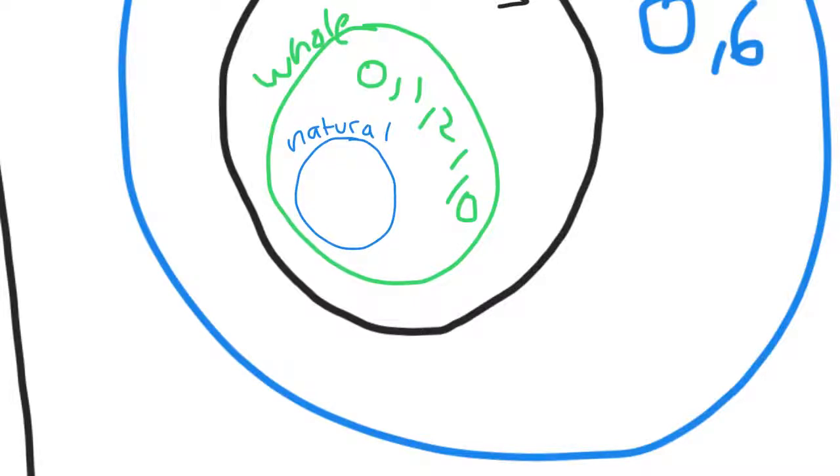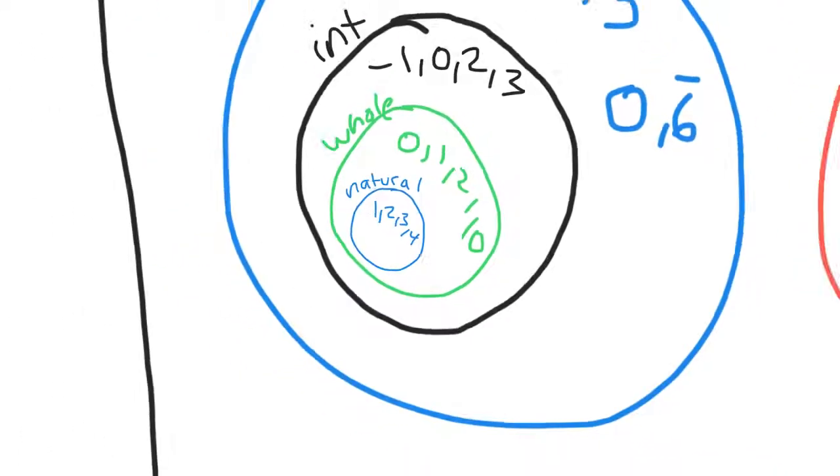And that is literally all of the positive integers, all the whole numbers except 0. 1, 2, 3, 4. So that is how that works.